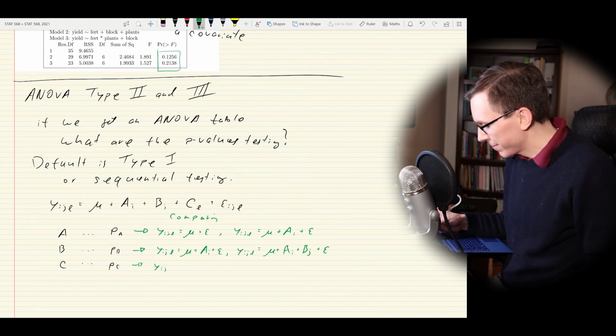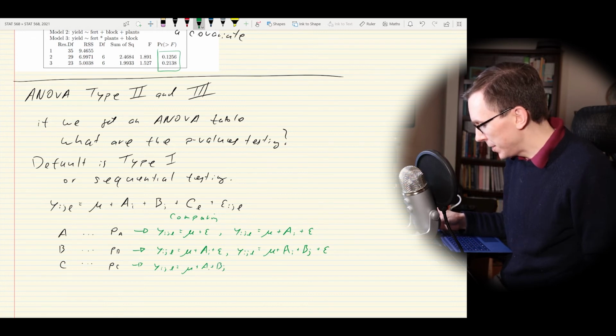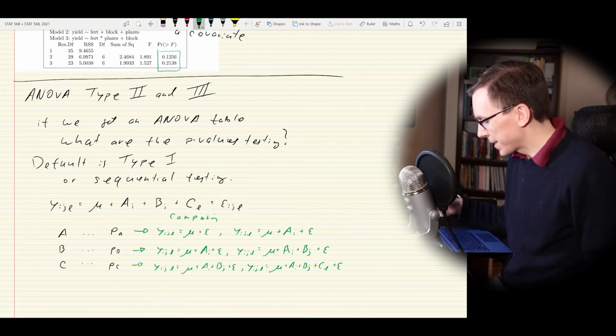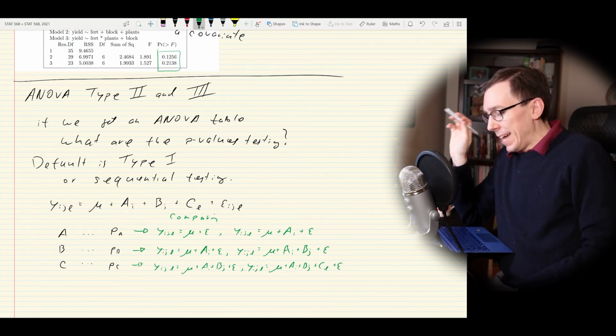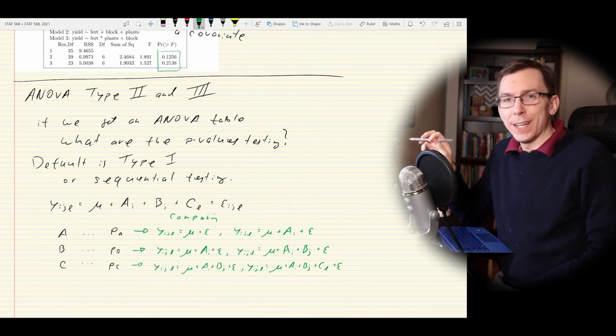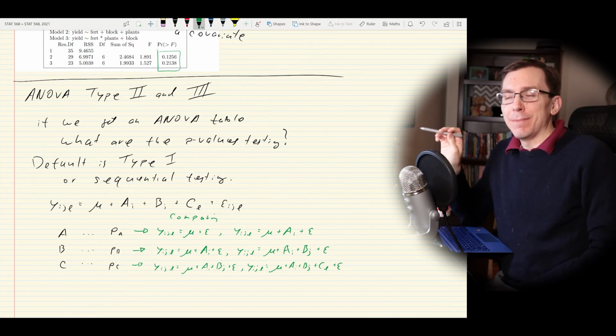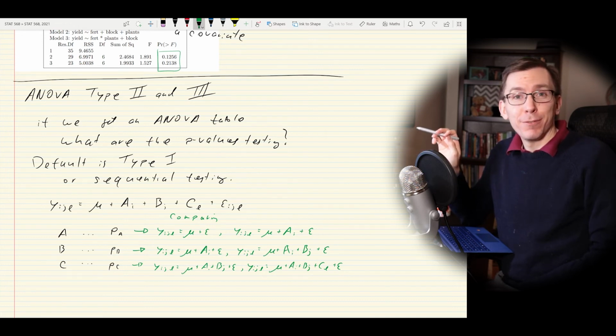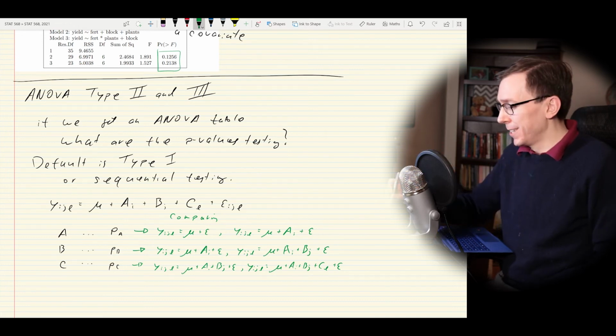And lastly, we would have something like mu, A_i, B_j plus epsilon, and we're comparing that to the full model that I wrote down above, which is A_i, B_j, C_l, epsilon. Now, this might look like the order is going to matter, but the way that we set up our designs before were very special.